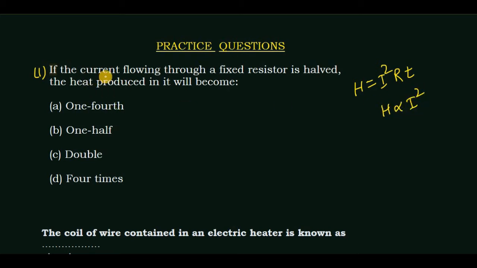Now what is given here? If the current flowing through a fixed resistor is halved. Now we write H dash, and only the change in current.